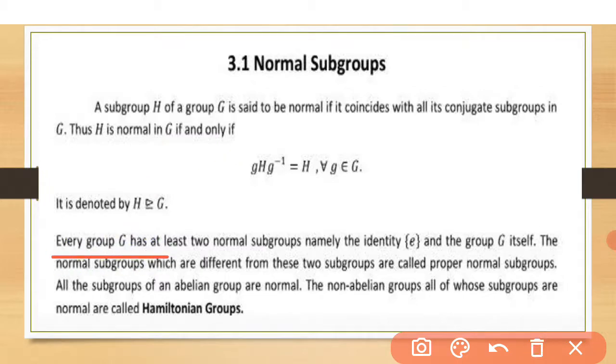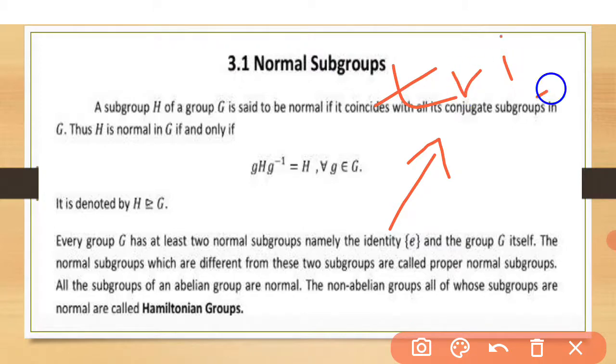Every group G has at least two normal subgroups, namely the identity and the group G itself. The identity group is also called trivial, and the group G itself is called the improper subgroup.